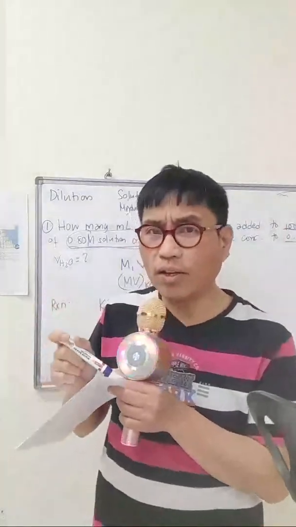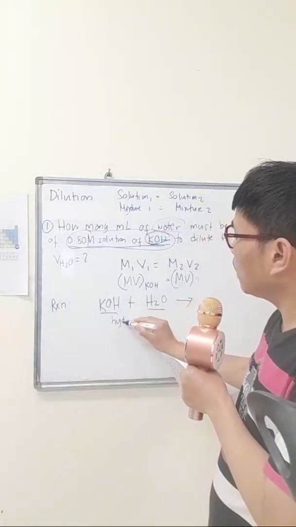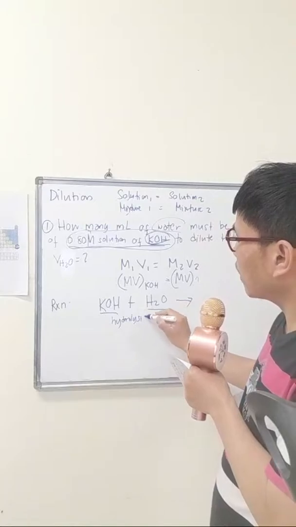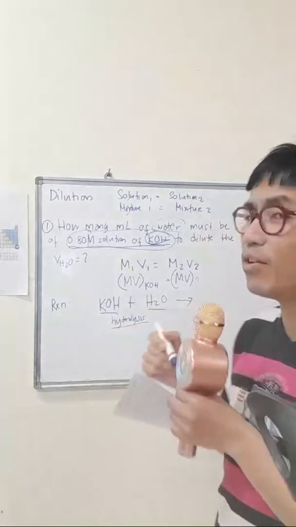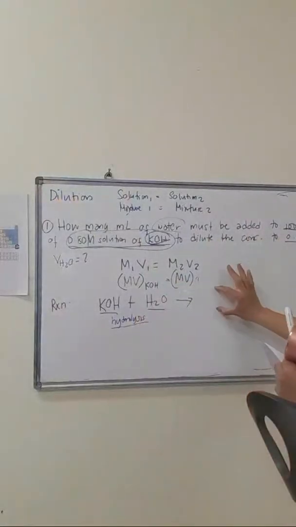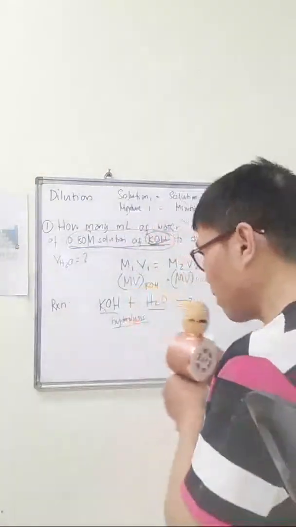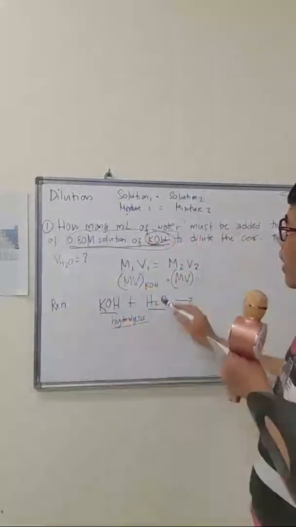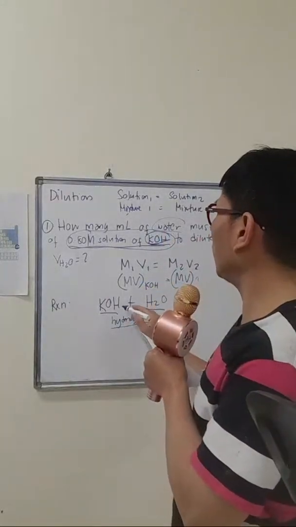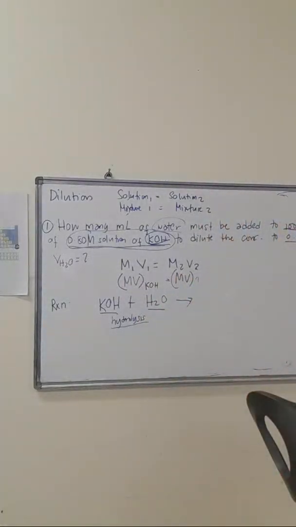So this is a hydrolysis chemical reaction, adding water to a base or adding water to a salt. It's just the same to produce an acid and a base. So in here, double displacement or replacement chemical reaction. The H of water will donate the proton. You got the point?